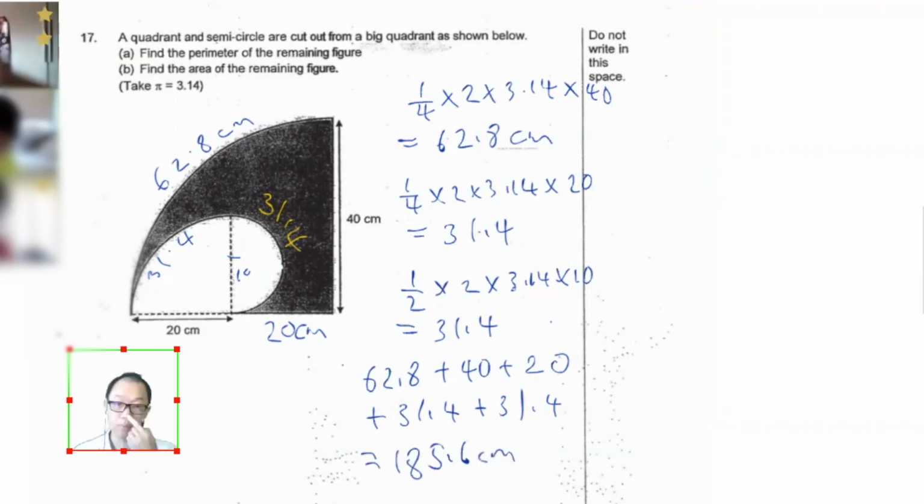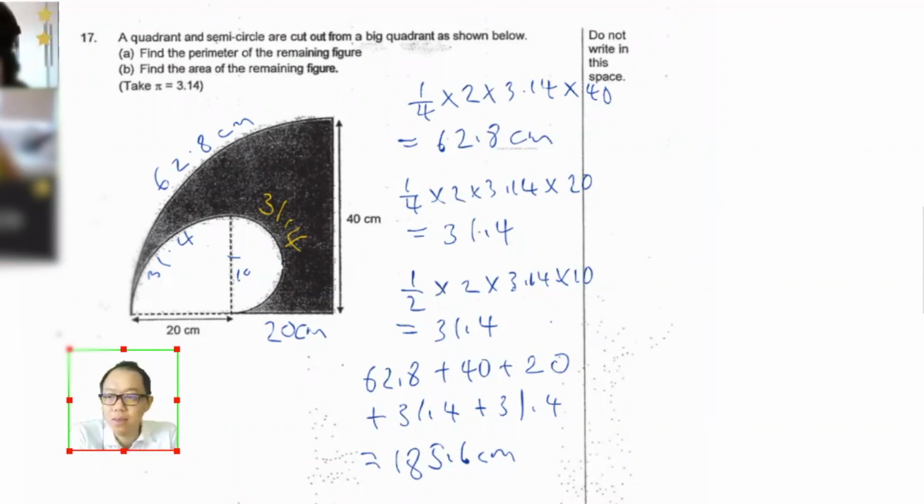Okay. Yeah, 185.6 centimeters. So we do slowly. This one, take our time to do. You see that? Because there are so many numbers involved, there's so many different radius and pi decimal place. Take our time. Yeah, that is correct.